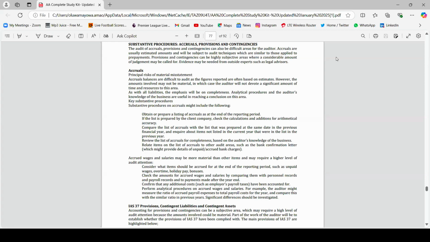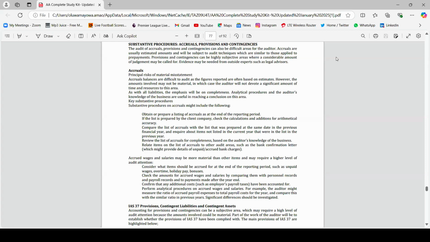Number one, when it comes to provision, the key substantive procedure that the auditor should carry out is that the auditor should first obtain a list of all the provisions that the client has made in his financial statement. And I want you to take a note. If you look at this substantive procedure, when we are talking about trade payables, we talked about last week receivables, we are talking about prepayment, we are talking about bank and cash balance.